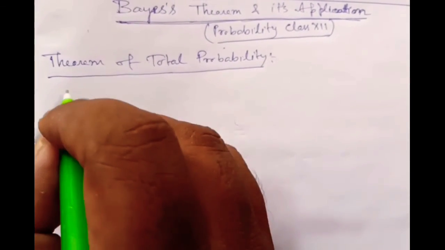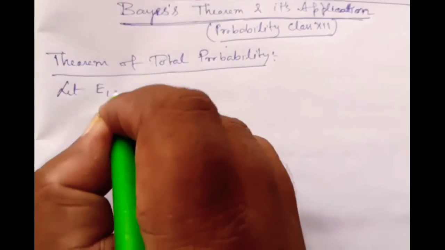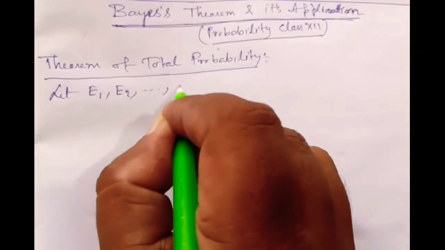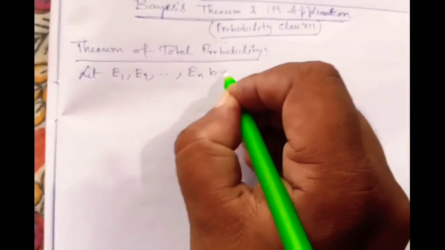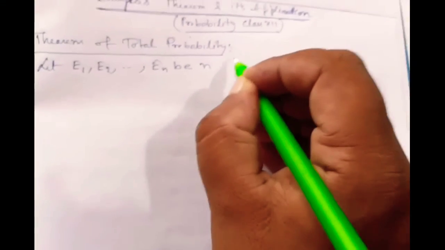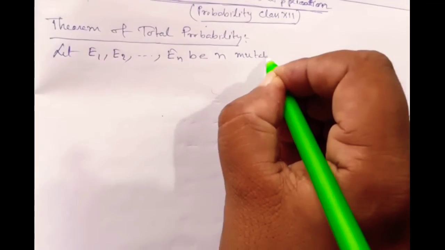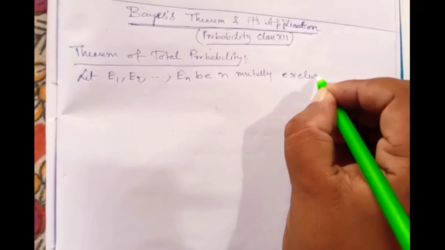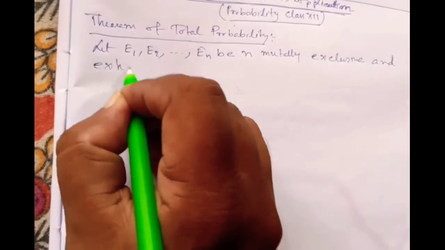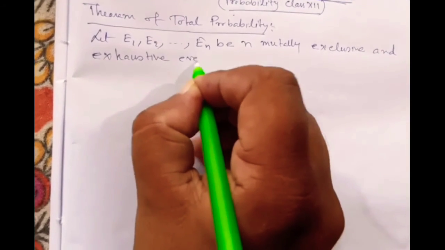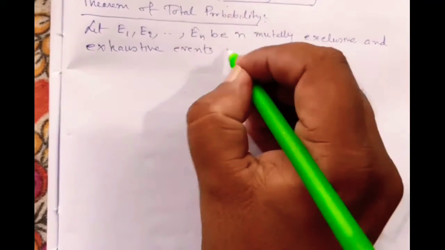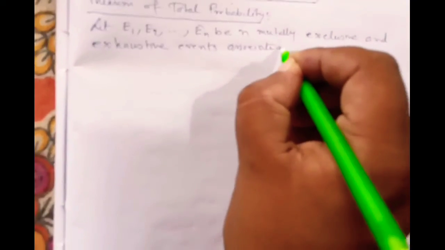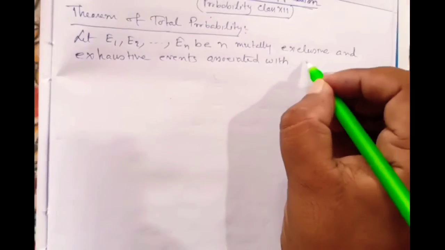The theorem of total probability: let E1, E2, ..., En be n mutually exclusive and exhaustive events associated with a random experiment.